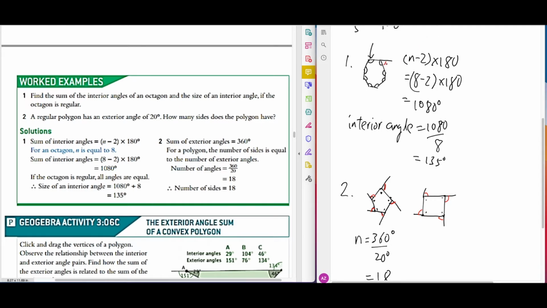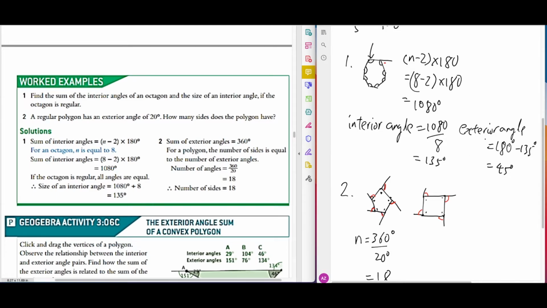And remember, the 2 angles need to add up to 180 degrees. So if the interior angle is 135, then the exterior angle should equal 180 take away 135. And what does this equal? This equals 45 degrees. So we know that for the octagon, the exterior angle is 45 degrees.